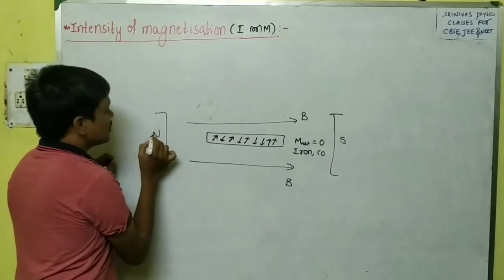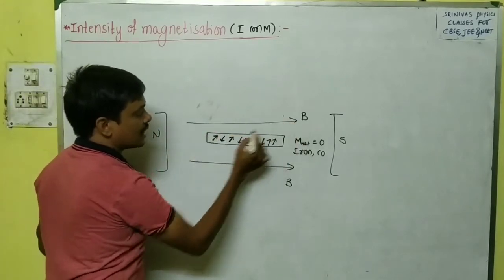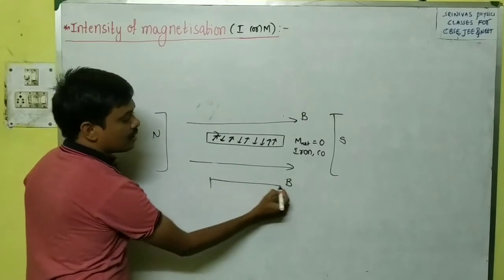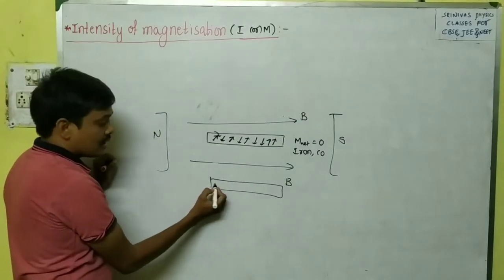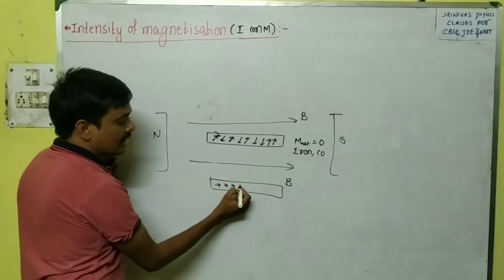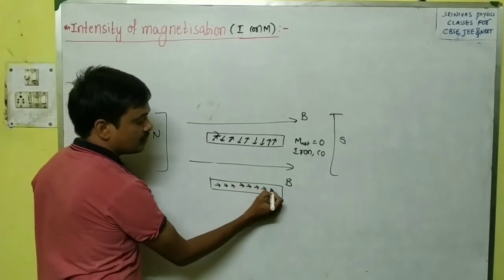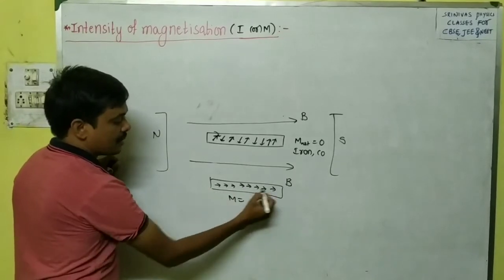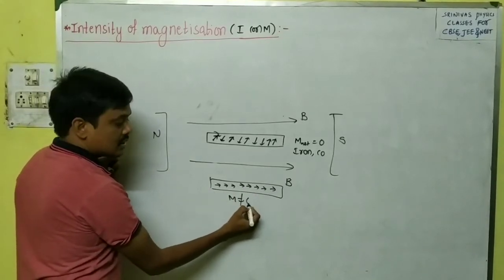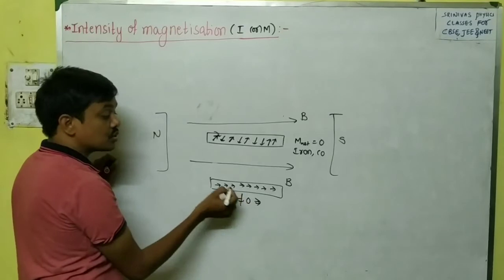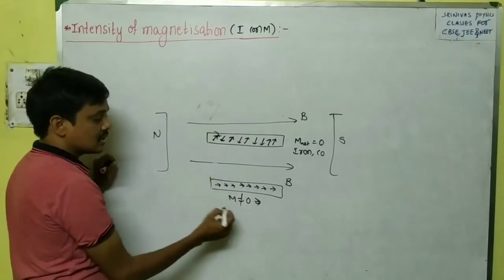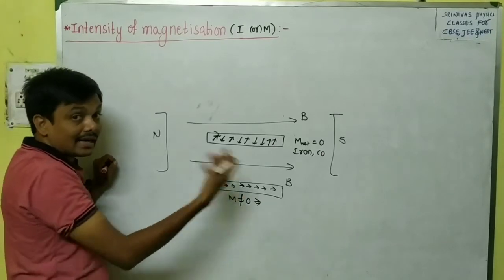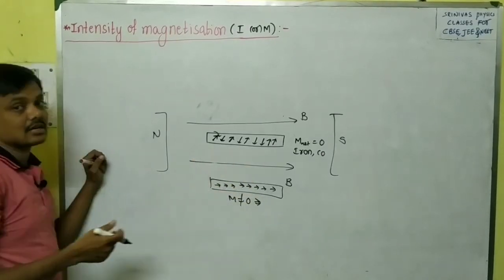The external magnetic field applies a torque, and due to that all the magnetic moments will align in one direction. Due to that, the net magnetic moment is not zero. Some magnetic moment is induced in the magnetic substance. It now acts as a magnet, and here we are magnetizing a substance.